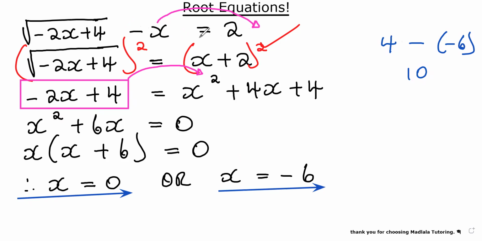No, 10 is not equal to 2. So you simply cancel this one of -6. But just to confirm, I don't really trust my head. So let's go to the calculator and see if what I'm telling you is the truth. Yes, what I'm saying to you is 200% correct. So now we have to cancel out this -6.